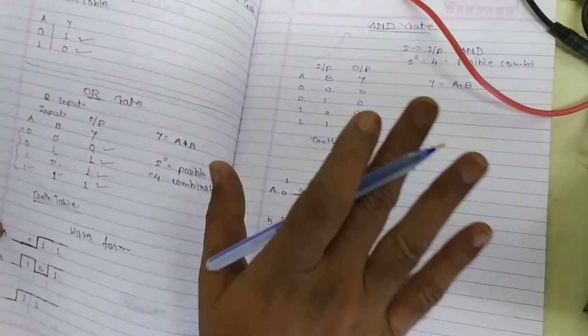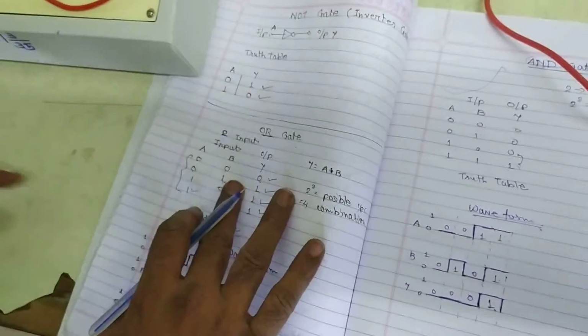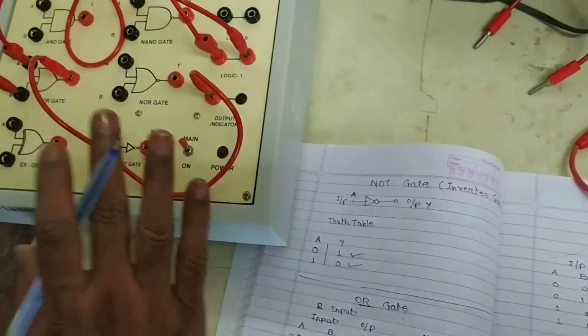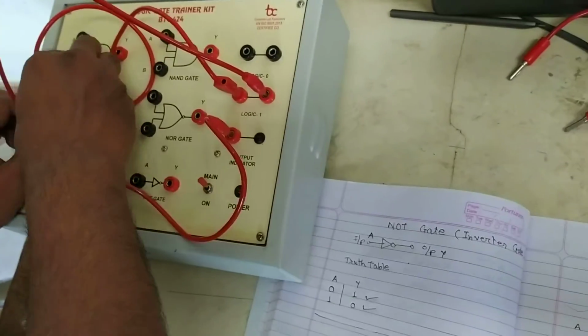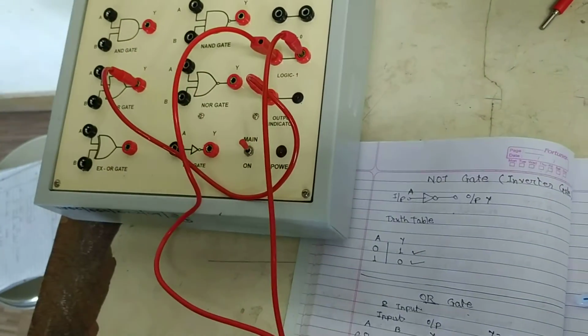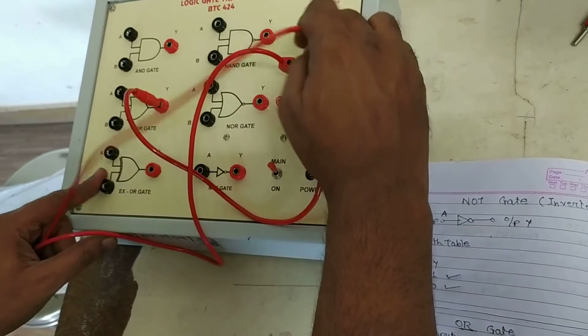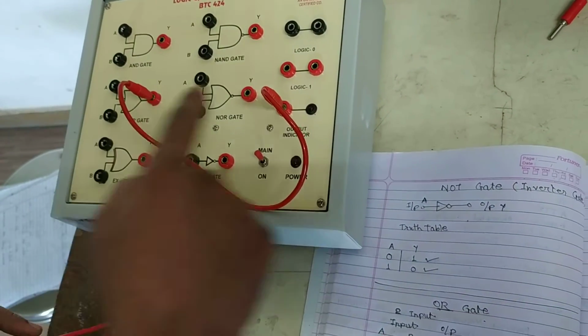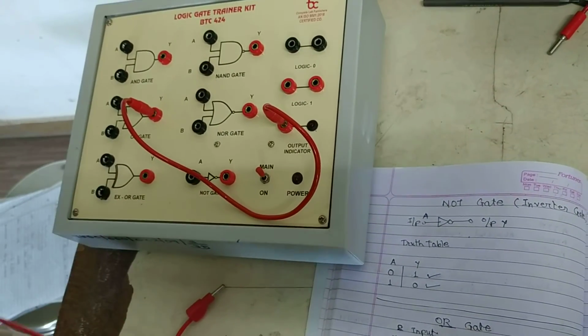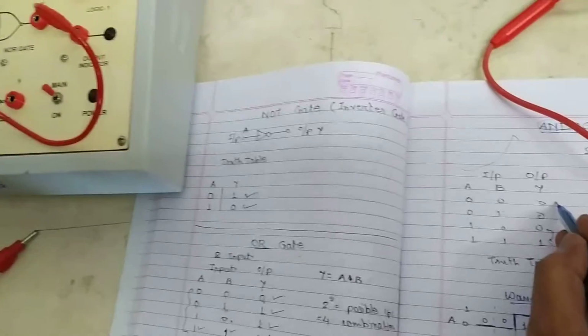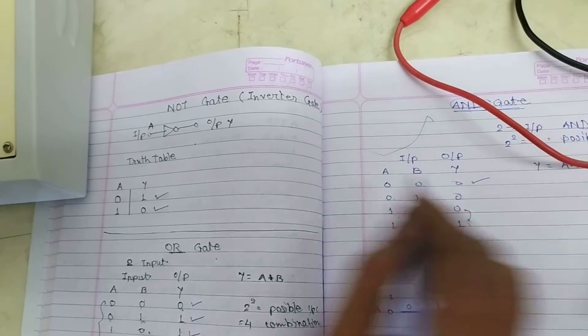And now this truth table is verified using this kit. So you can see this is the AND gate, a 2 input AND gate. This Y output is connected over here. Initially we are performing this with A and B both 0.